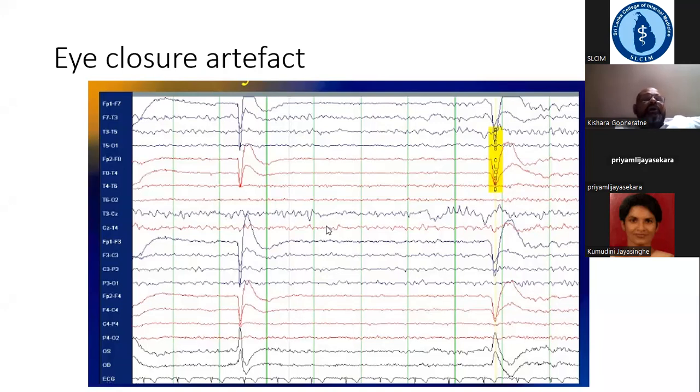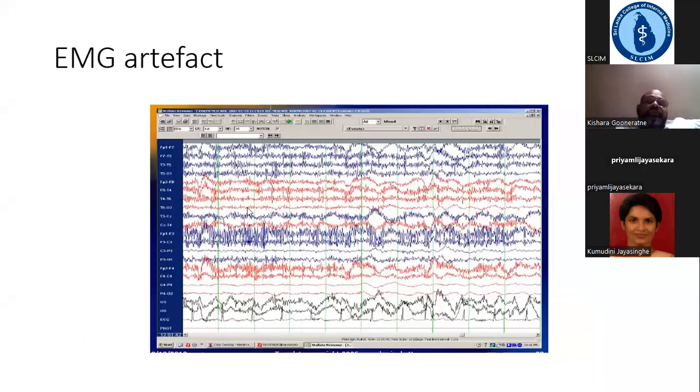These are actually EMG artifacts. So you can see this high frequency activity, which is seen right throughout, right? When the patient moves, or is contracting the muscles, very often when they are contracting their frontalis muscles, their temporalis muscles, there can be EMG artifact in the particular leads that are overlying these muscles.